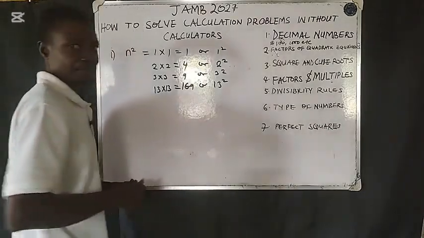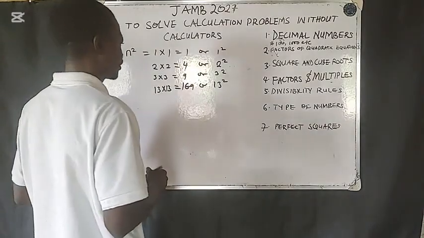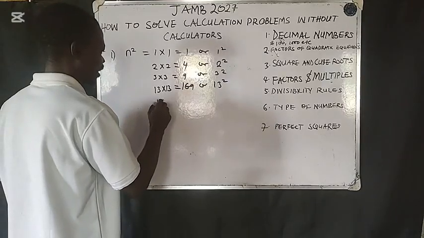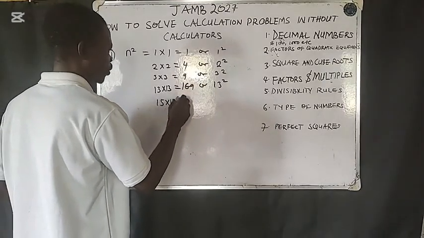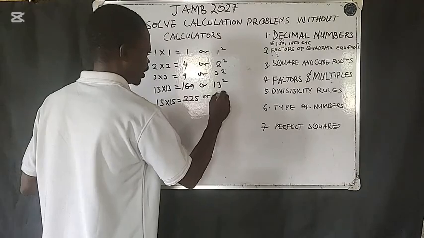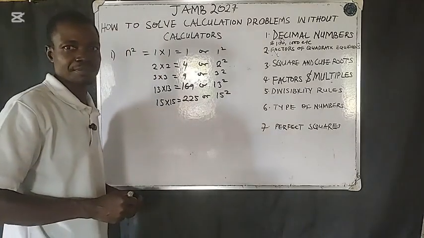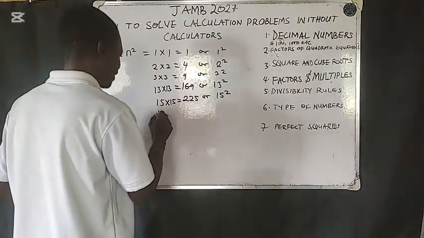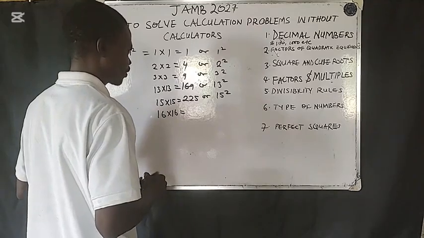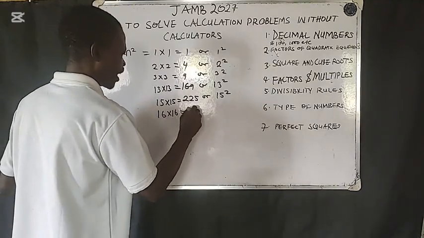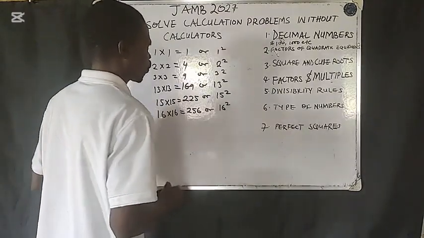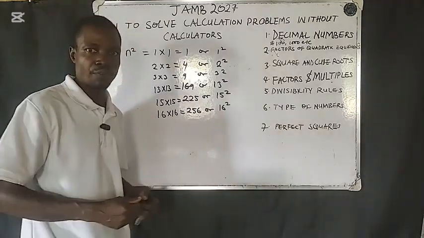Give me another perfect square, and it will give you what? 15 times 15 is equal to 225, and it can be written as 15 squared. Give me another one. 16 times 16 is equal to what? 256, or it can be written as 16 squared. And so on and so forth.